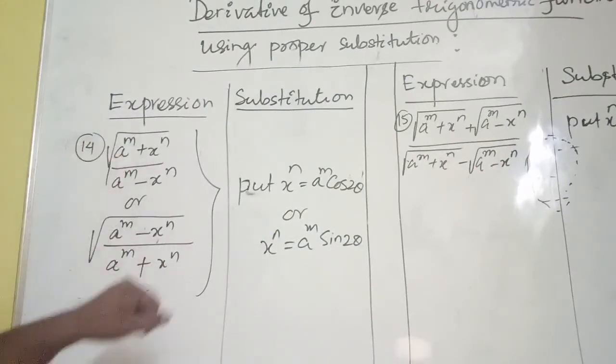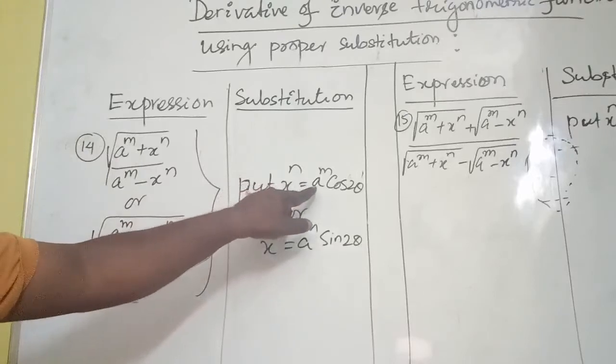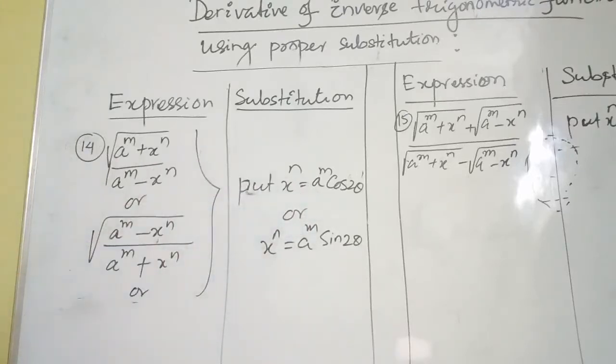Then x to the n equal to a to the n cos 2 theta or x to the n equal to a to the m sin 2 theta.